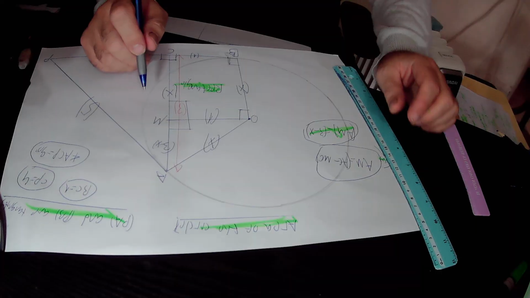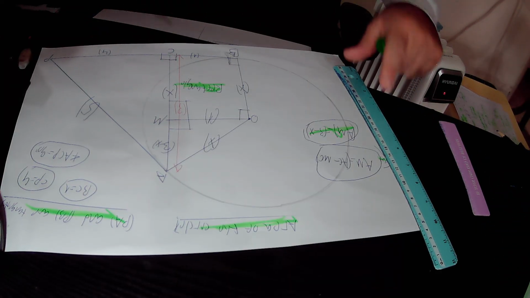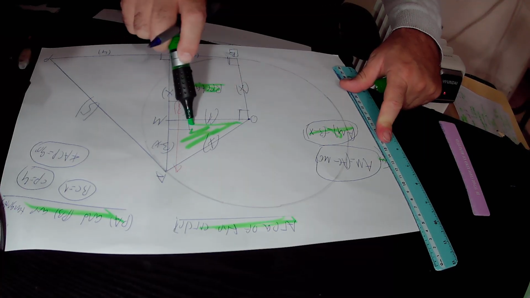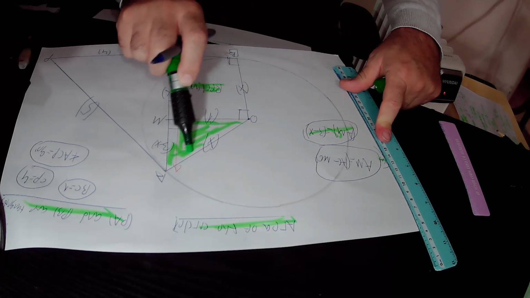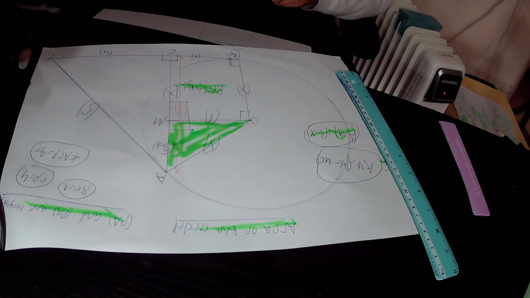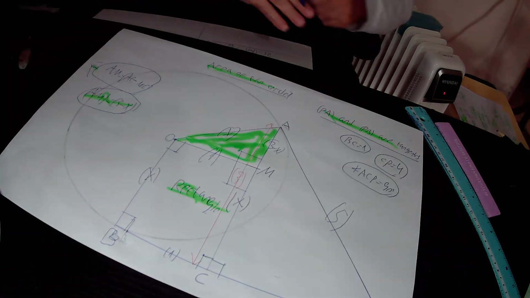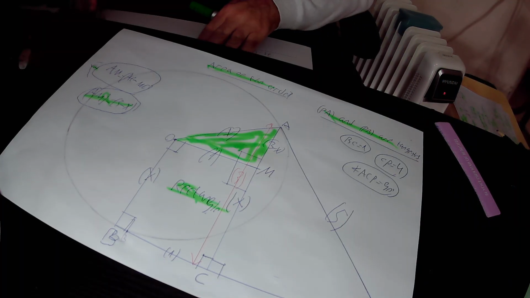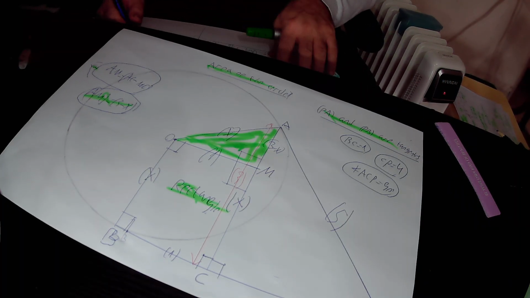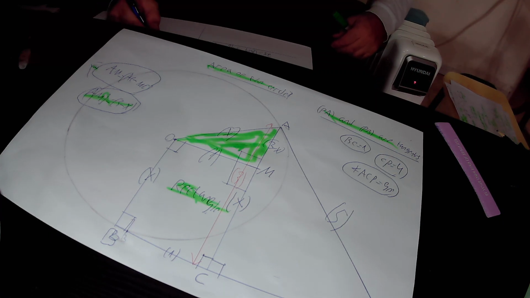In the next step, we will implement the Pythagoras theorem on this right triangle AOM.